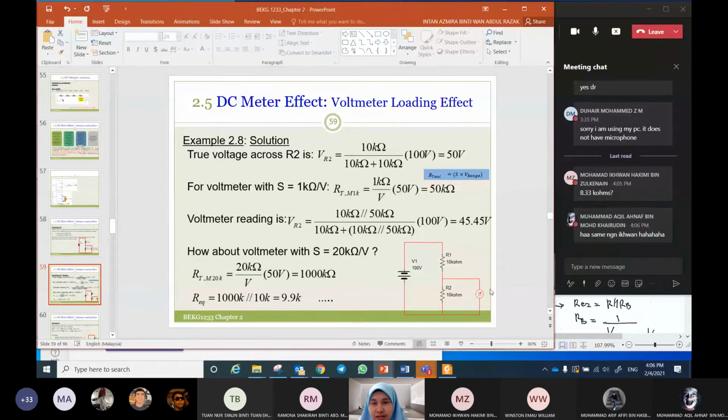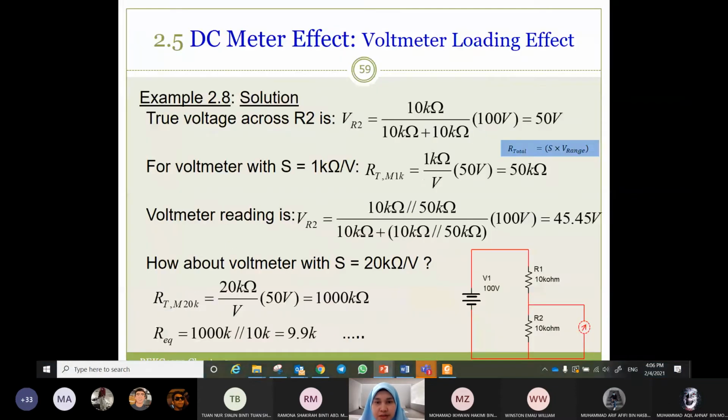Yes. So now the new R equivalent here is 8.33K. So how to find VR2 from the voltmeter? After we calculate this, 8.33K divided with 10K plus 8.33K ohm, multiply with the voltage source 100 volts.